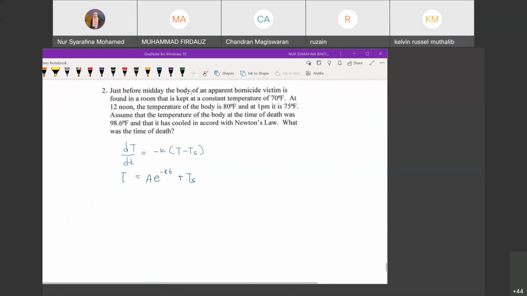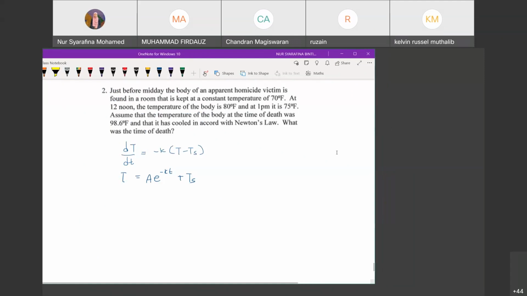What are the information given there? So the constant temperature means what? The constant temperature is your Ts. At 12 noon, initial time, so we decide when t equals 0, the temperature is 80.